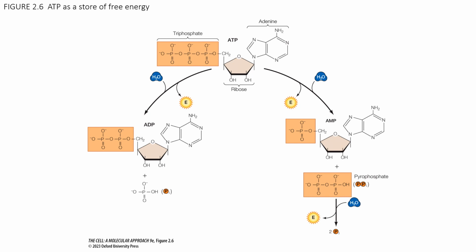You do get some energy derived from adenosine diphosphate into AMP, but it's not quite as high as what you see from ATP to ADP, mainly because there's a higher concentration of ATP, adenosine triphosphate, than adenosine diphosphate found within the cell. So we get a better yield from ATP to ADP than we get from ATP down to AMP.